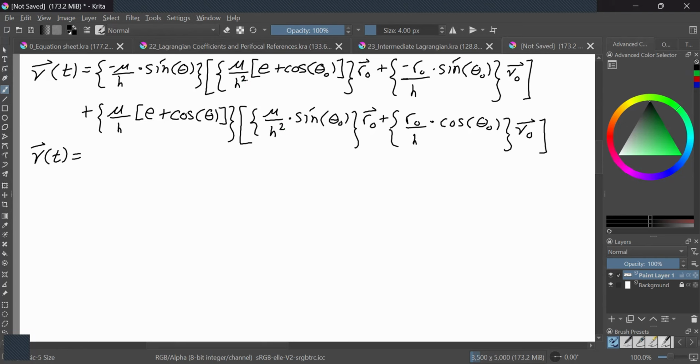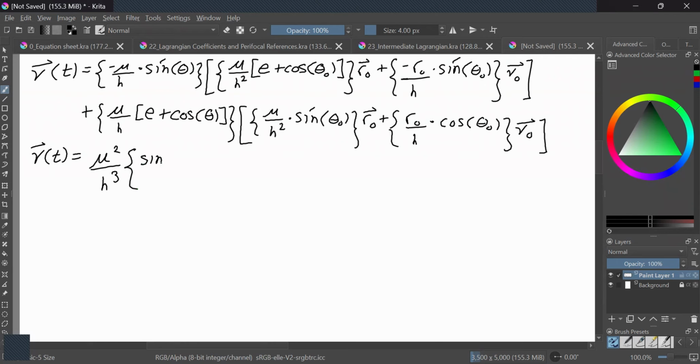Looking at my notes, that should be an H squared for both of them, which means that we should really have a mu squared by H cubed for each of our R naught terms. Strange that I didn't copy that down for both of them. Anyway, now we can combine the R naught terms.